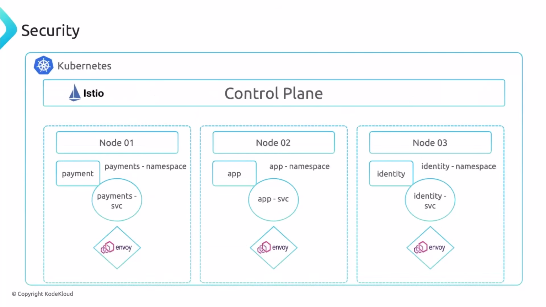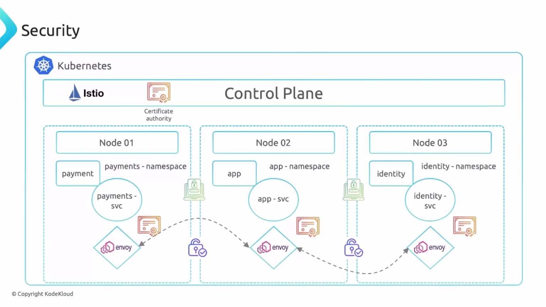Istiod also acts as a certificate authority and generates certificates to allow secure mTLS communication between the workloads. Istio also allows you to secure service-to-service and end-user authentication with built-in identity and credential management. Additionally, you can essentially use Istio's authorization feature to control who has access to your services.